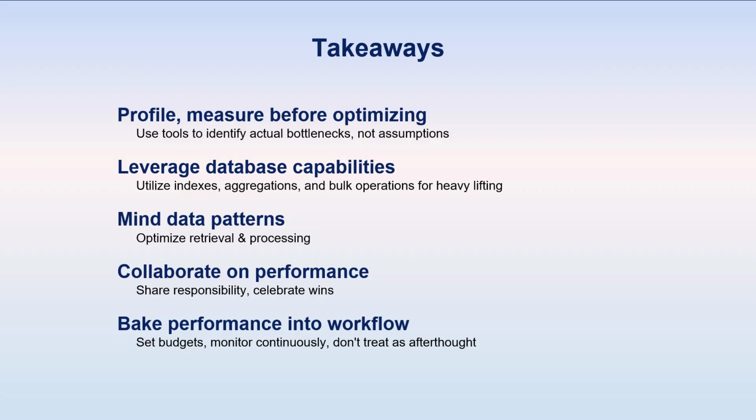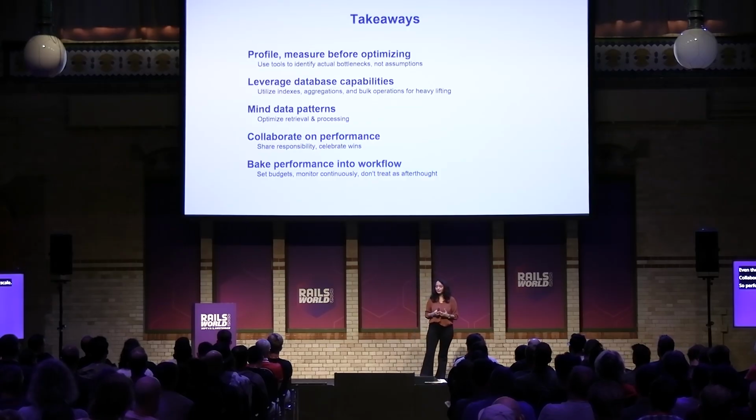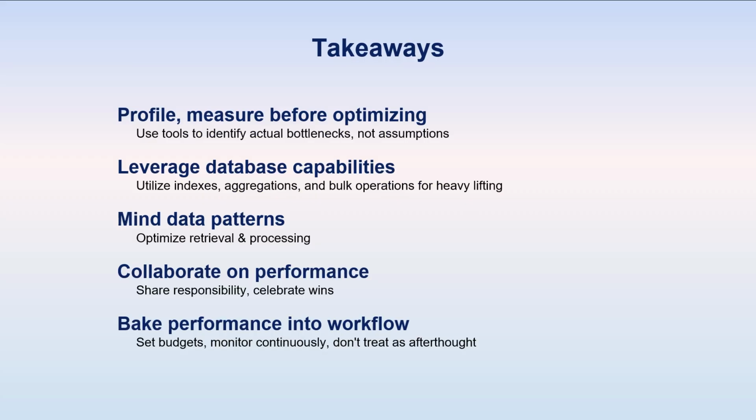Collaborate on performance. Performance is not just one person's job. Share the responsibilities across the team and celebrate when you get to something better. Bake performance into the workflow. Set budgets and monitor throughout. Don't treat performance as an afterthought. It should always be part of your design, your build, and when you ship features.